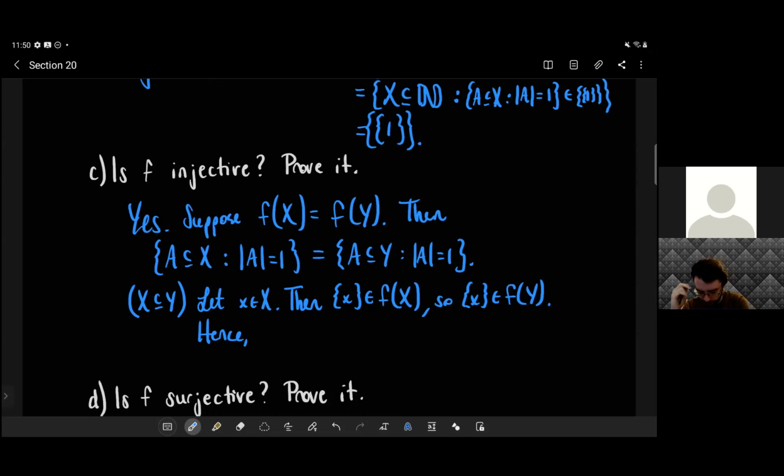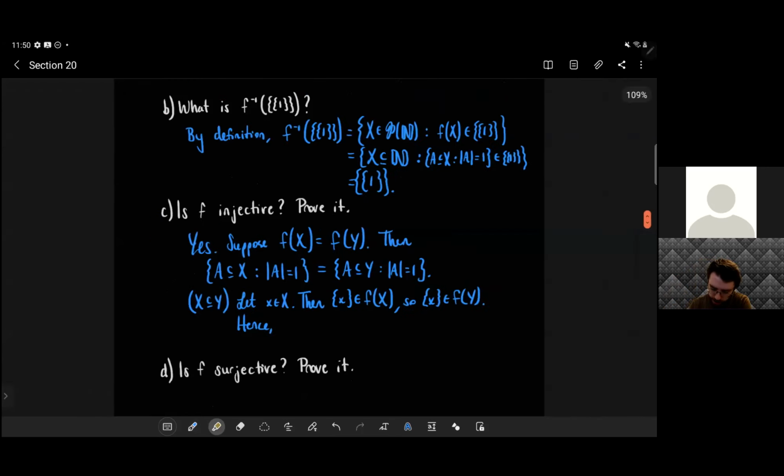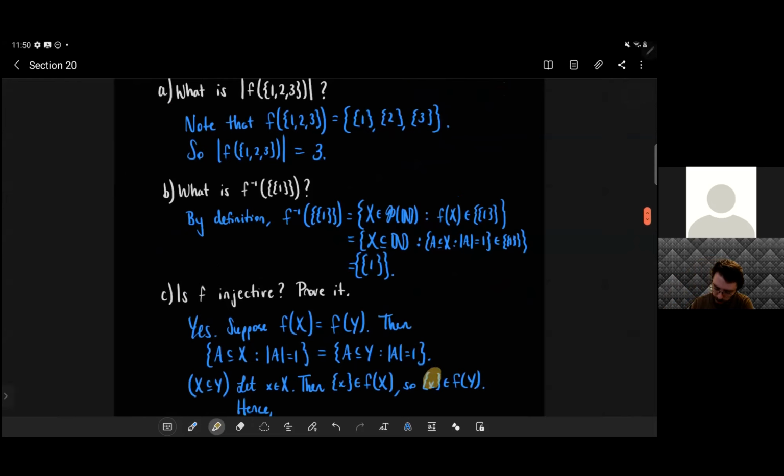I guess you could prove it by contradiction, but I think it's easier just to go with the definition of f of y. Thinking back to the example up here, say the set containing x was the one I highlighted, the set containing 2. That is because 2 appeared in this set.